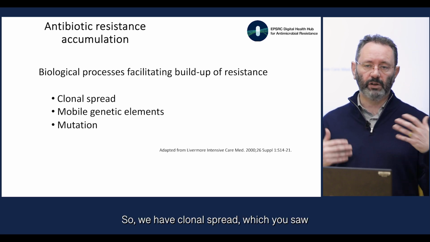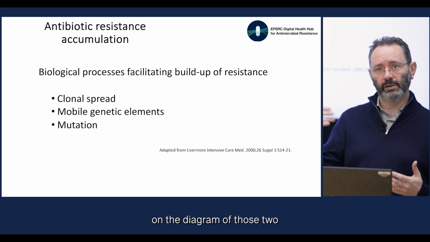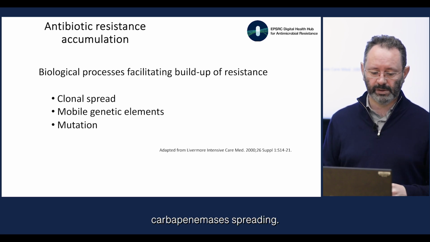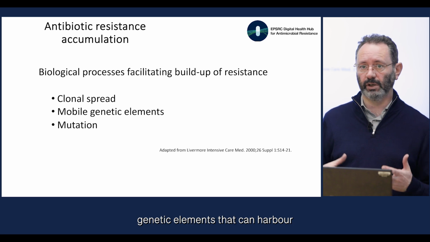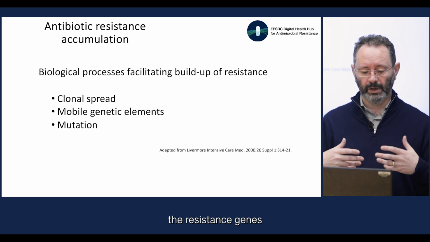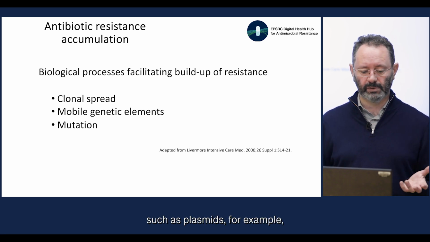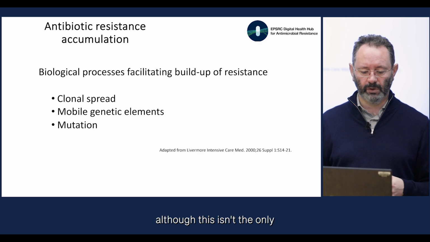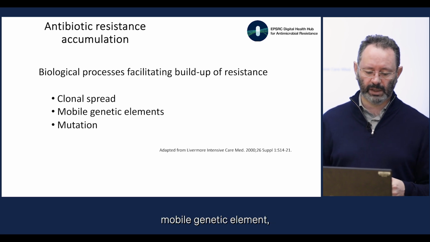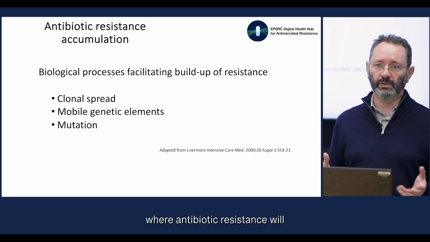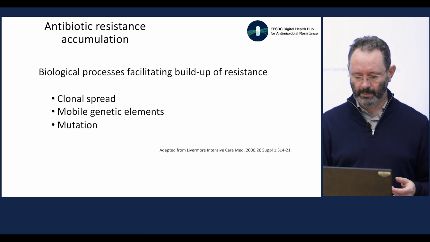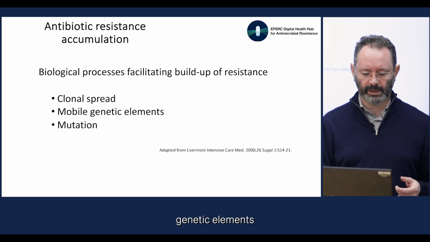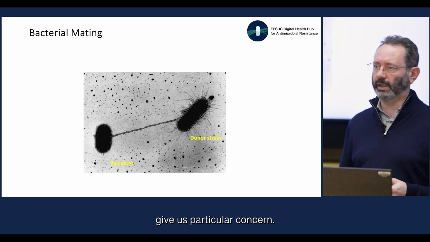So we have clonal spread, which you saw on the diagram of those 2 carbapenemases spreading, but you also get spread of the mobile genetic elements that can harbor the resistance genes, such as plasmids, for example, although this isn't the only mobile genetic element. And you could have mutation where antibiotic resistance will develop de novo. The mobile genetic elements give us particular concern.